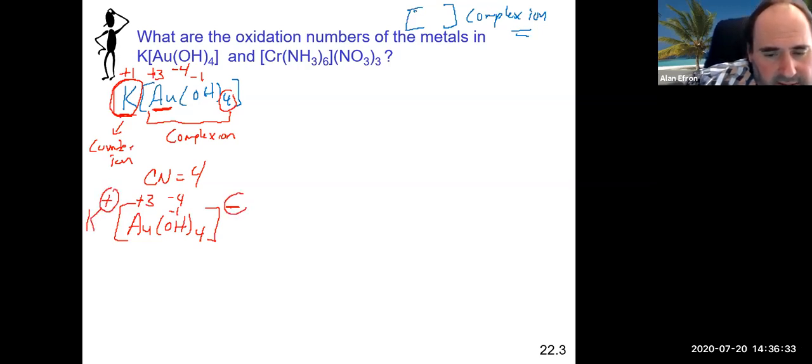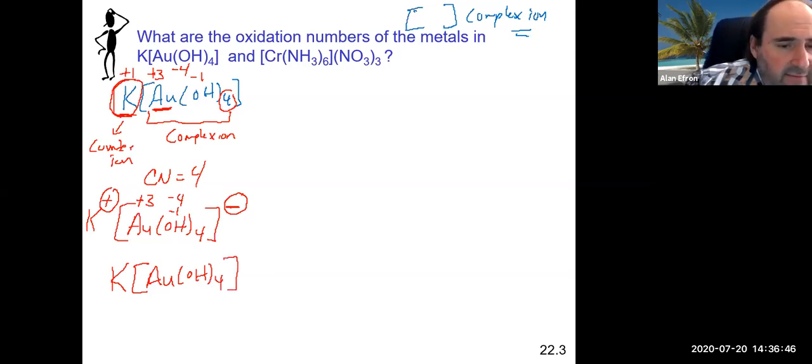+1 and -1, just like you do with a normal ionic compound, will give you 0. And that's why when we put it together, we just need one counter ion with our complex ion to balance it out and give us our overall formula there.